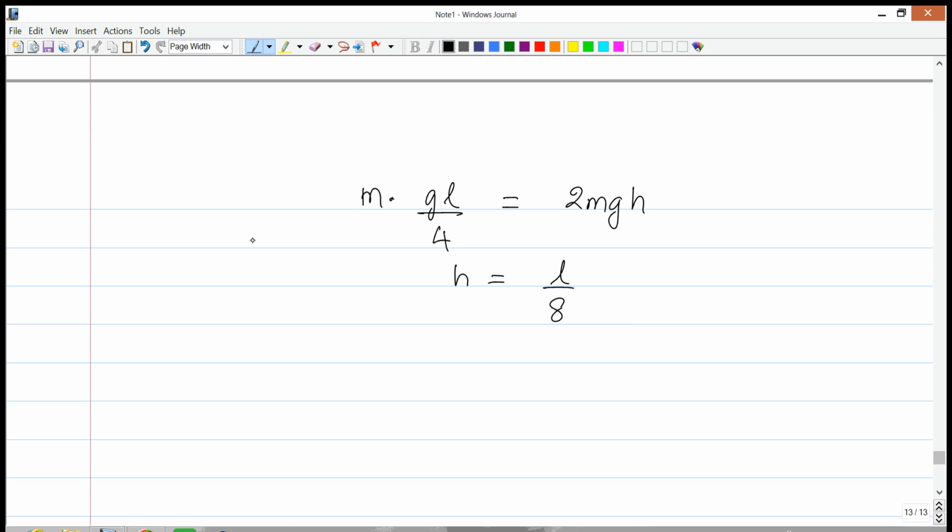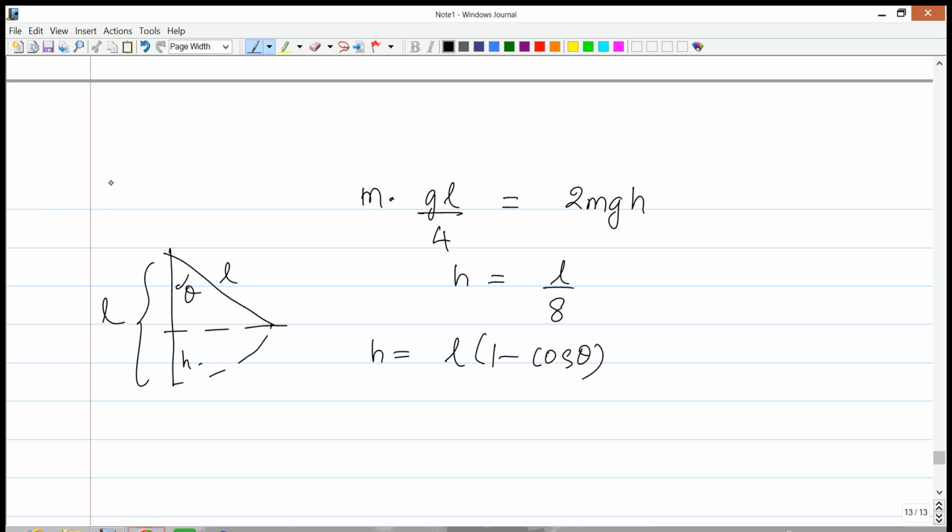Great. Now that we have h, we know that h is equal to L times 1 minus cosine of theta again. So just to give you a quick review, this is what happens. This is the height h, this is the angle theta, this whole thing is L, and this thing is L cosine theta. So h is L minus L cosine theta.